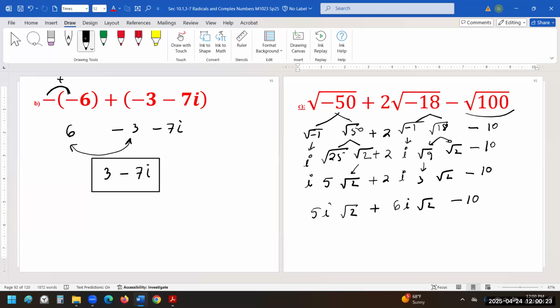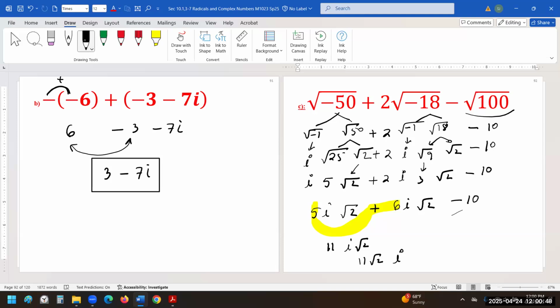That means we can combine these two coefficients, because we have square root of 2 i the same. So what is 5 plus 6? So we have 11i square root of 2. But if you want, you can write 11 square root of 2 i.